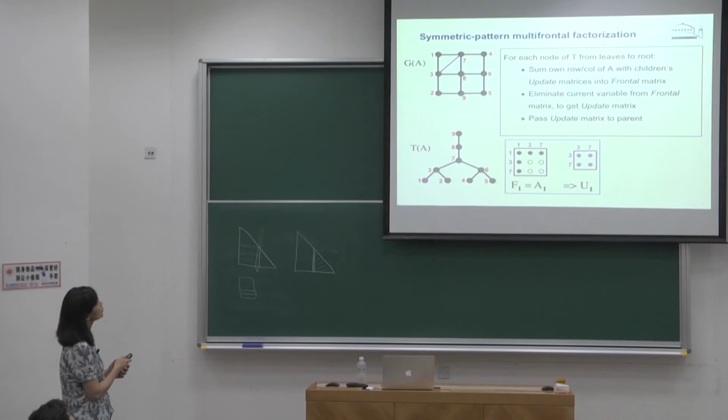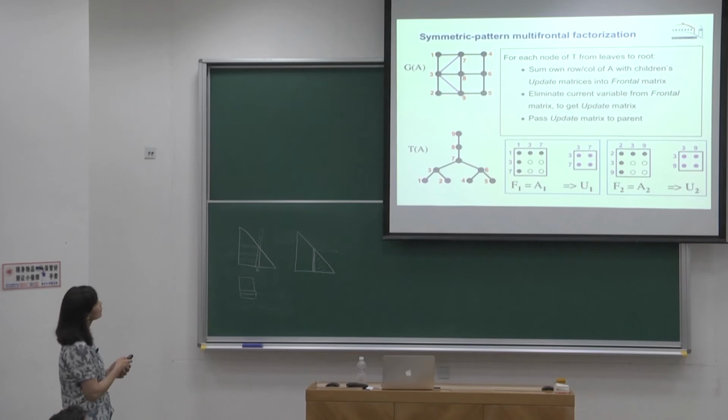After you eliminate variable 1, you will get an update. This 2 by 2 matrix needs to be passed to the parent, as an update to the Schur complement. This is our F1, the first frontal matrix, and it generates update matrix 1, 3, 3, 7, a dense matrix.